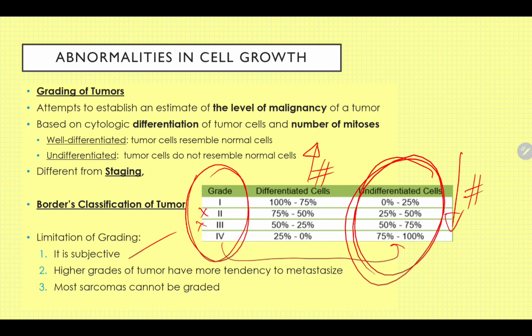Yung ground substance, yung mga areas dyan are all part of the connective tissue. They are difficult to grade because they are needed in the body. Hindi lang sila nakastay sa isang area, like the blood, constantly nag-move. So, most sarcomas cannot be graded.